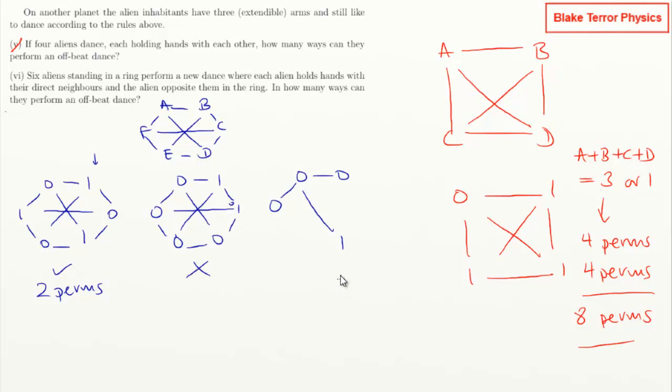So that just doesn't work. And then here, if we try to fill in, this 0 could have 0, 1, which is the same problem and isn't going to work, or we could have 1, 0, which also isn't going to work. So we've just got 2 permutations on this one.